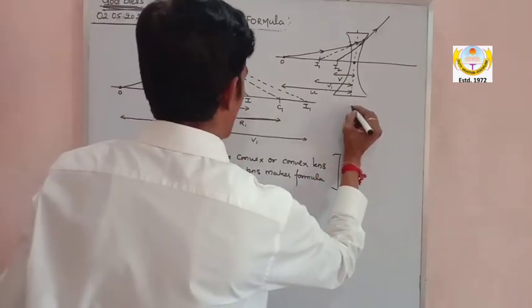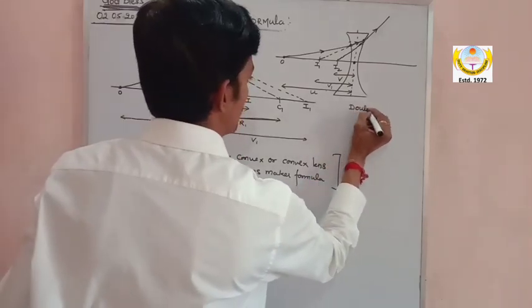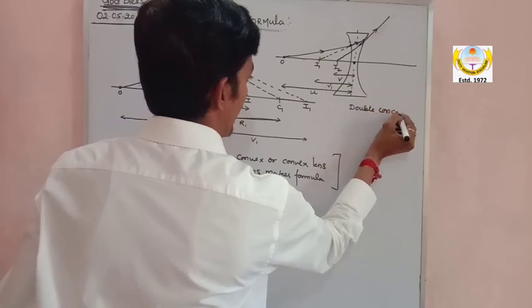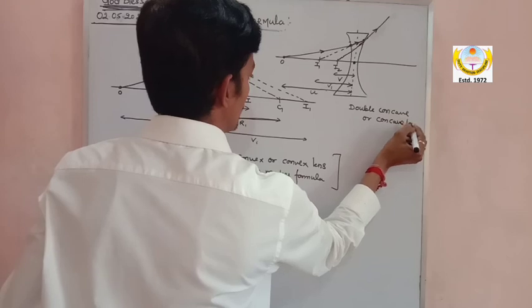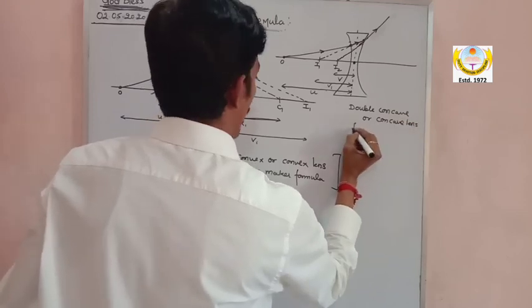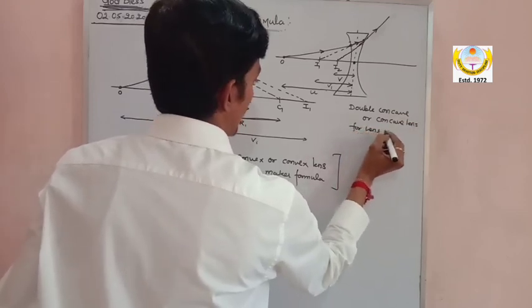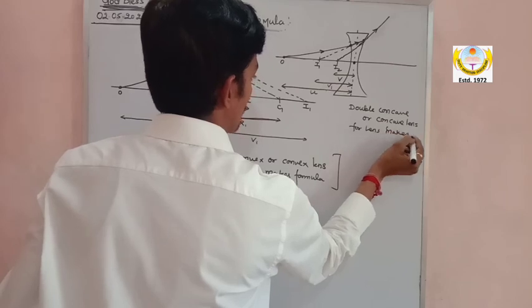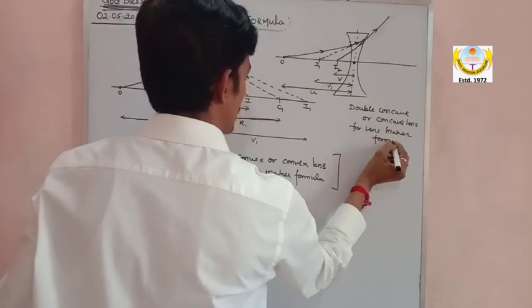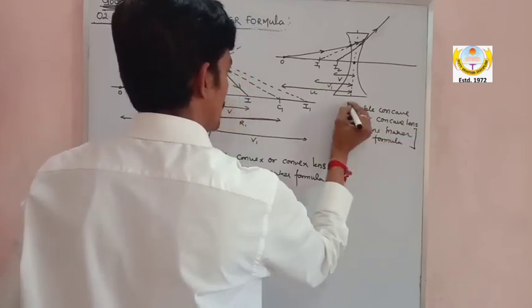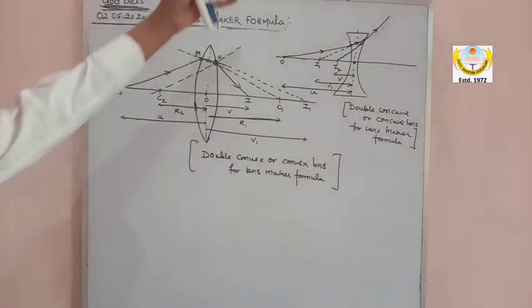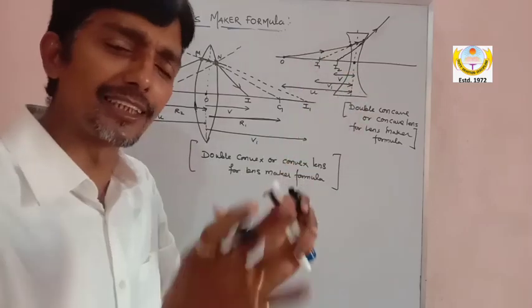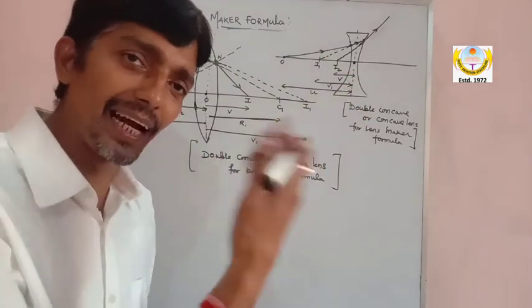So this is the double concave or concave lens for lens maker formula. So and apart from this, the derivation is same. Only the diagram is different.